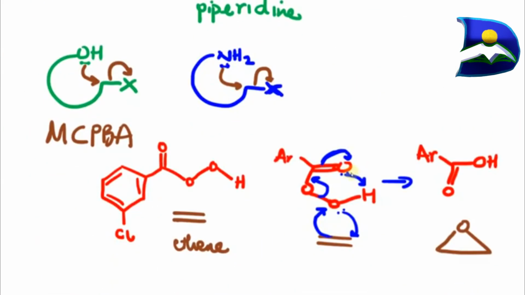So that is one thing to keep in mind: MCPBA as the exception when it is reacting with an alkene, in this case ethene.